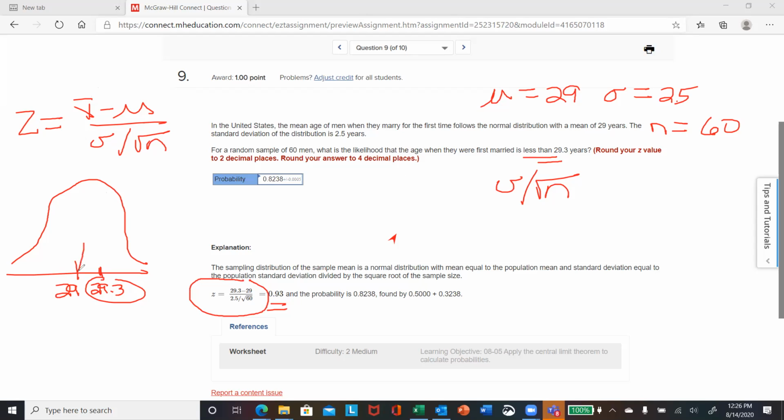So remember, what you have to do on this one is the table will give you from 29 to 29.3. So the table will give you 0.3238, but you got to follow through with the rest of the curve to get everything else, which of course we know is 0.5. So you add those two together, and that's how they get to 0.8238.